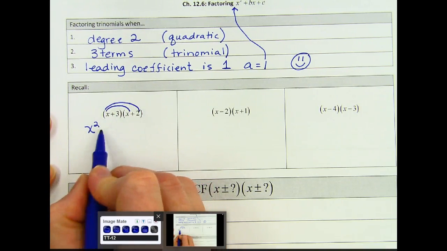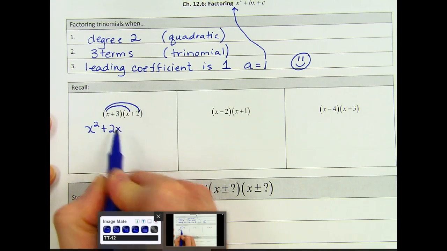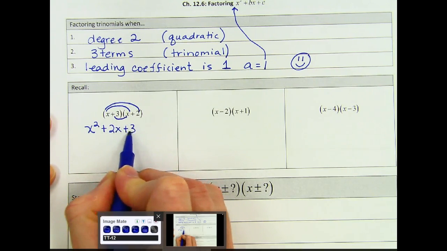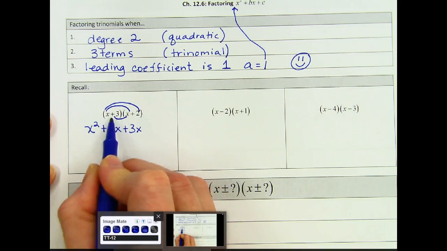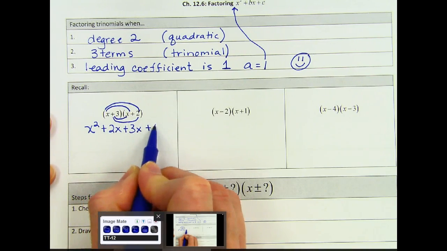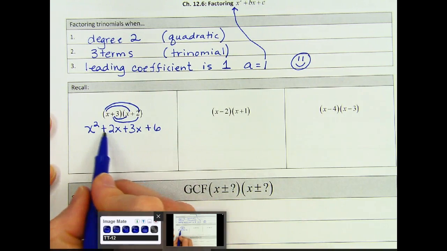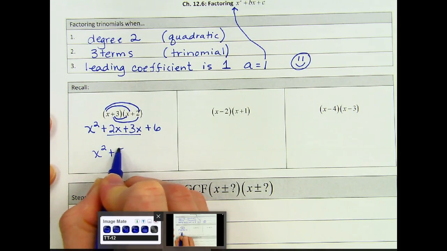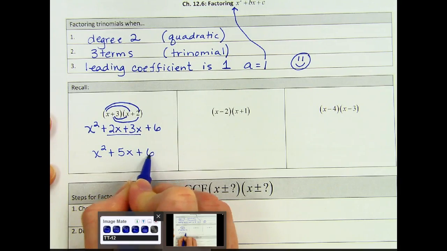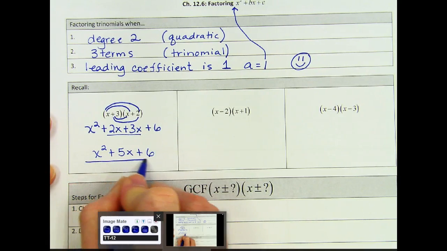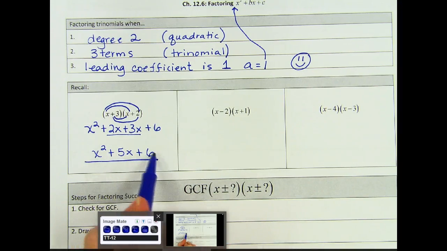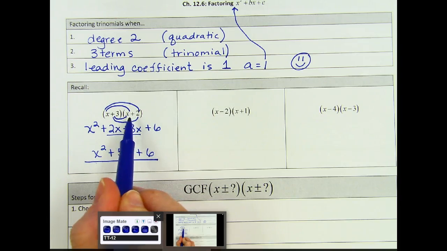We would go outer, which is 2x. Then we would distribute the 3 inner for a 3x. And then we would go last, the 3 to the 2, for a 6. Then we would combine like terms here, and we would get x squared plus 5x plus 6, and that is a trinomial. Well, your job today is to take this trinomial and make it look like the 2 binomials.